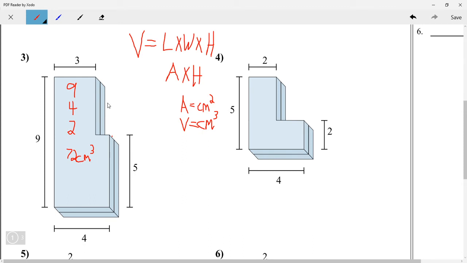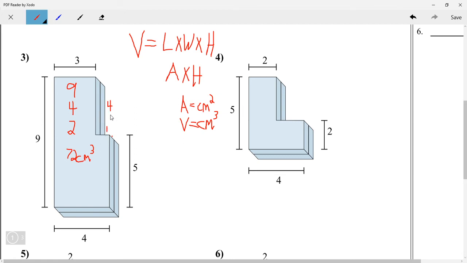So, as I said, if this is 9 and this is 5, then this piece has to be 4, because this piece and this piece add up to this one. And then if this is 4, and this is 3, this piece and this piece have to add up to 4, so this has to be 1. So now, this missing piece would be 4 times 2 times 1.